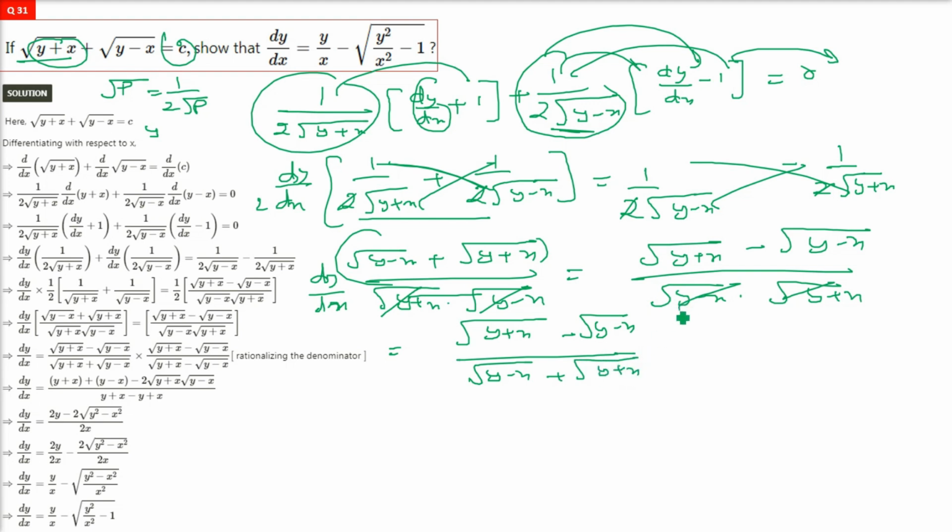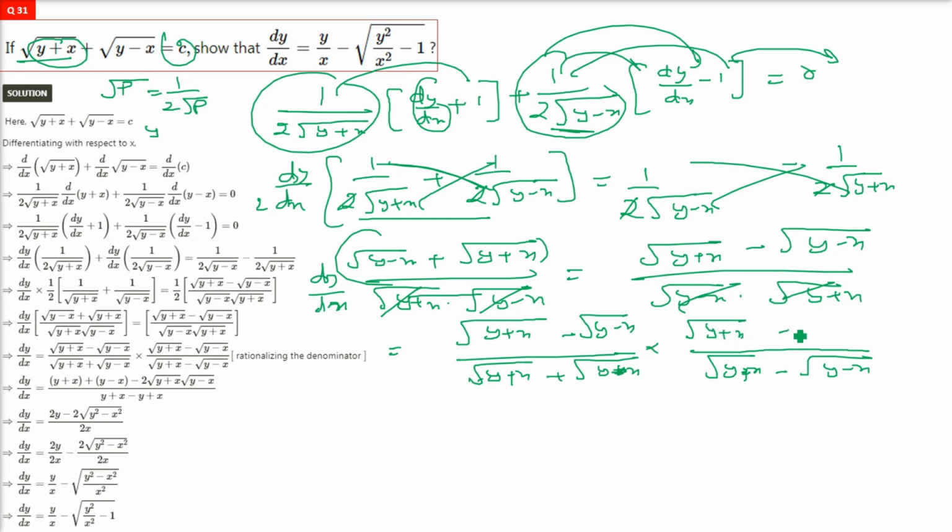So we will rationalize it now. What is the rationalization? We always want the denominator to get resolved. Since we have y plus x here, we can just change the position because when it is plus, it doesn't matter. So we can write it as under root y plus x minus under root y minus x, here also.